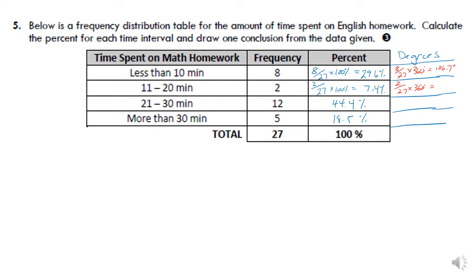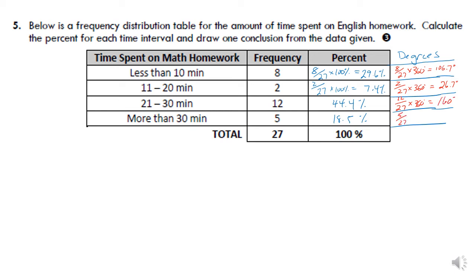2 divided by 27 times 360, 26.7. 12 divided by 27 times 360. This one we get a nice clean number, 160 degrees right on.